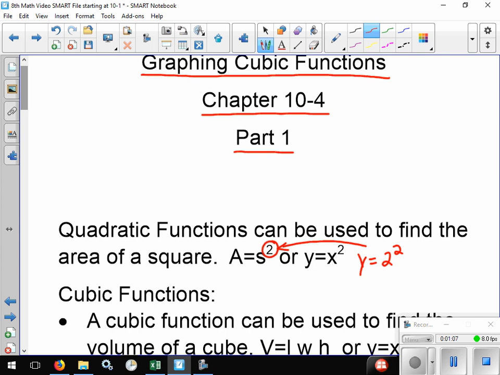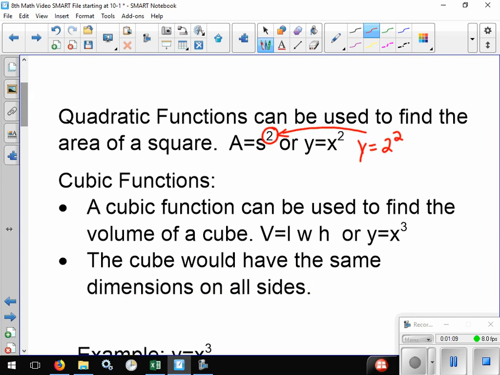Well, a cubic function can be used to find the volume of a cube instead of the area of a square. So you'll see that volume is, as you remember, length times width times height. And if we're talking about a cube, then all of these things would be meters times meters times meters, right?